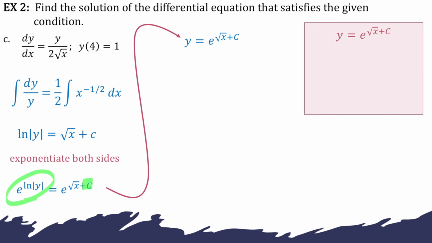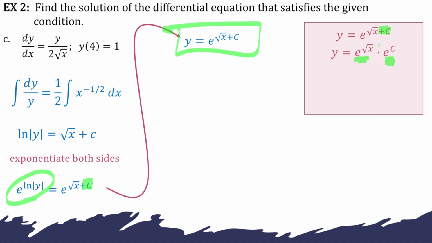Now, let's pause for a moment and look at this, because this is going to come up later. You can stop here. This is totally fine. However, we can actually rearrange this a little bit more, because this constant, well, it's interesting. So y equals e to the square root of x plus c is the same thing as y equals e to the square root of x times e to the c.